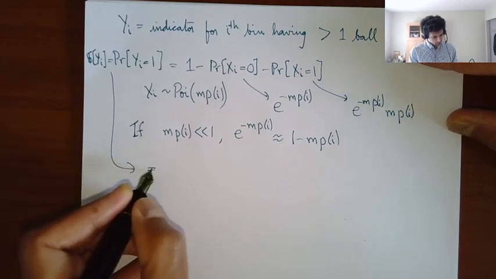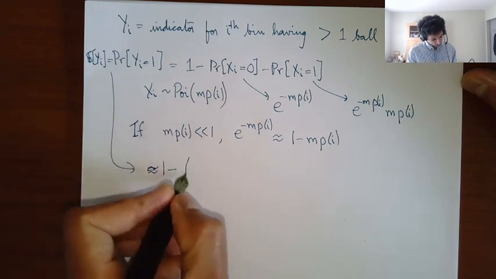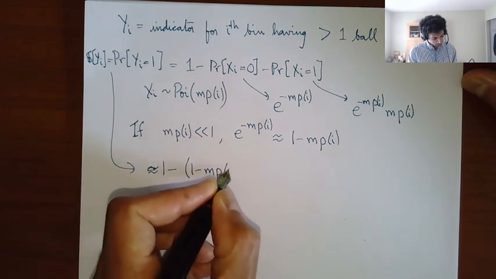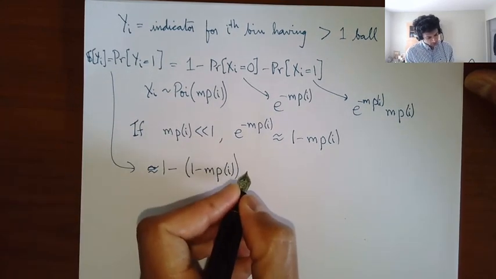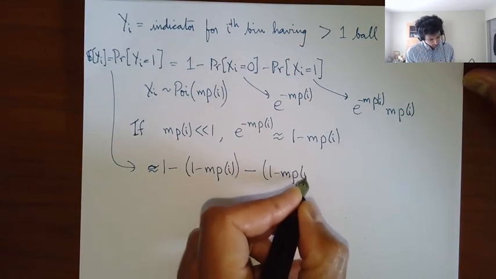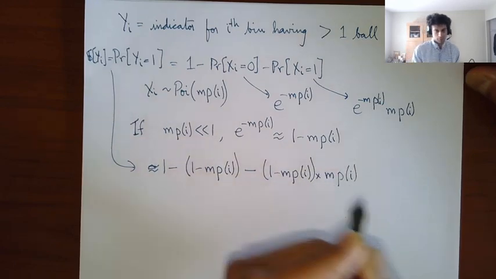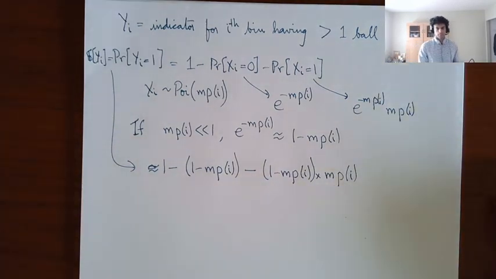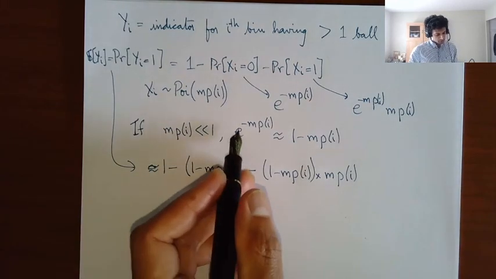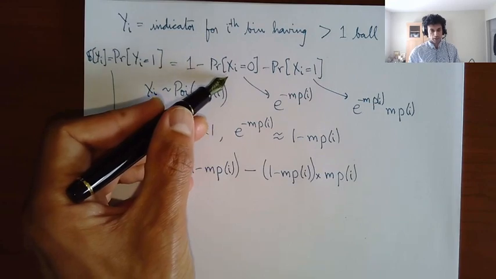In which case, this becomes approximately 1 minus MPI minus 1 minus MPI times MPI. Because I simply replace this exponential by 1 minus MPI, so I can put 1 minus MPI there.